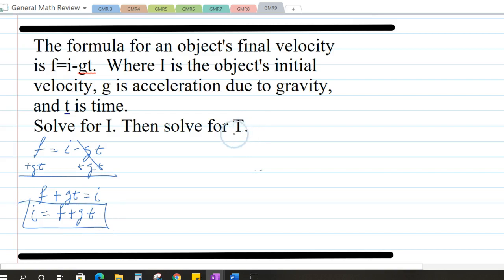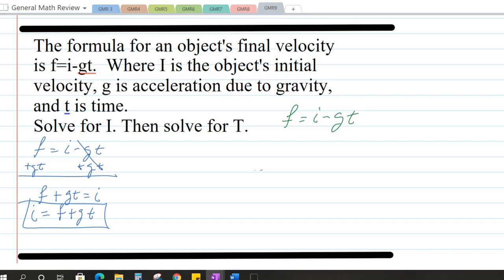Next, they wanted us to solve for t, or time. So again, we rewrite the equation. F is equal to I minus gt. Well, we look at what's being done to our t. It's being added by an I, and it's being multiplied by negative g. When solving for variables, we need to do PEMDAS backwards.